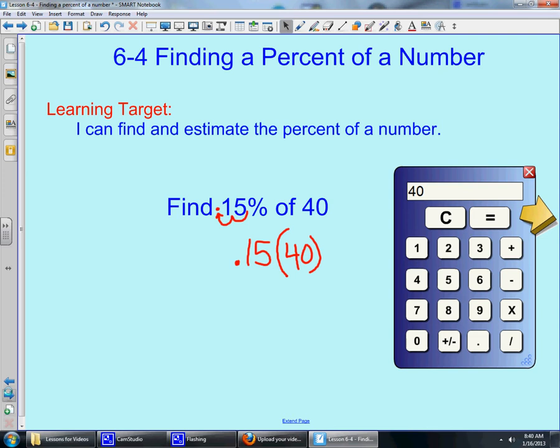So you can use your calculator. 0.15 times 40 is equal to 6. So 15% of 40 is 6.